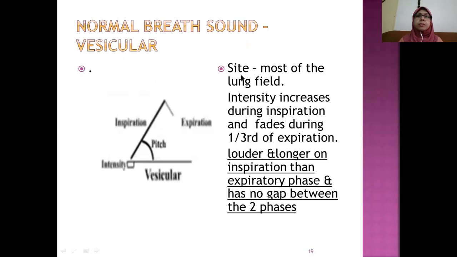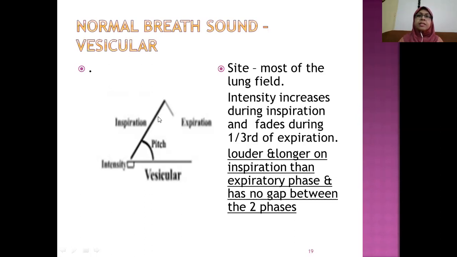Normal breath sound is the vesicular breath sound. It is a normal breath sound, and you can hear it in most of the lung field.